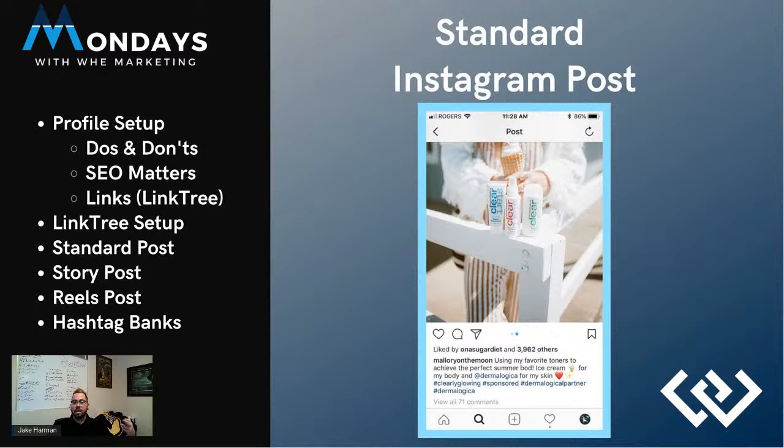It's tagging the company itself, and then it has a couple specific hashtags related to that post. This one looks like 4 hashtags. Again, as we talked about in previous weeks, I personally recommend using anywhere from 7 to 12 to maybe 15 hashtags, depending on how specific you get. But you can use up to 13.